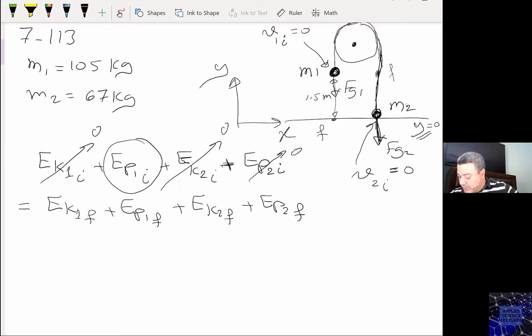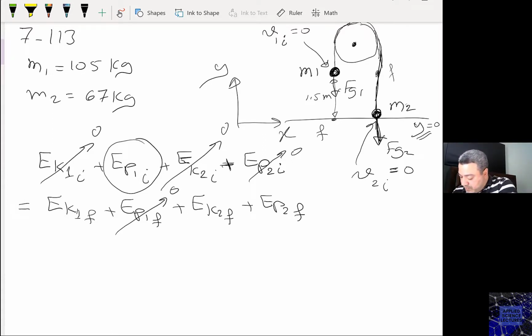final. So now we have to write the kinetic energy right at this point. And also the potential energy here will become 0. EP1 final, because now he will be at y equals to 0. Then EP1 final is 0.